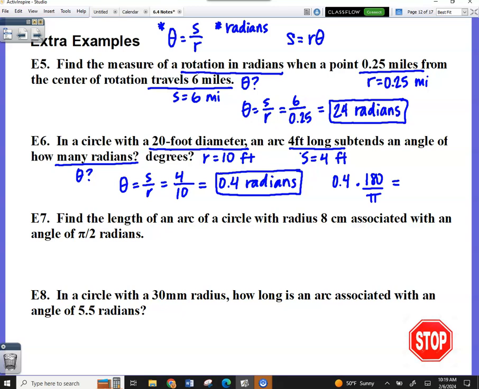I just went to the nearest 10. Yep. No, because it's not exactly 57. Yes, you can. That's fine.